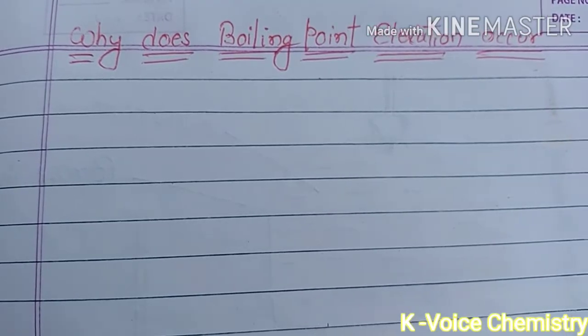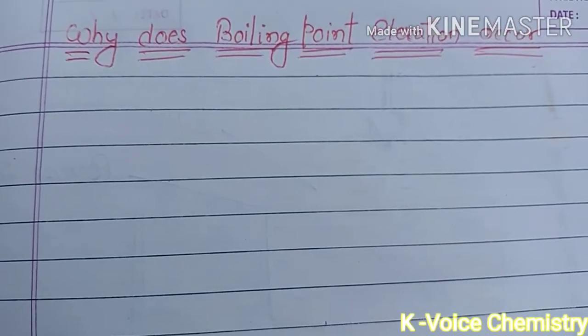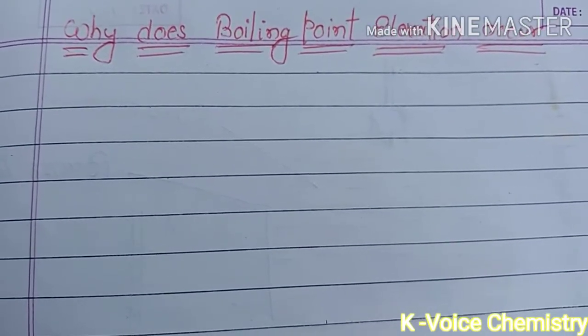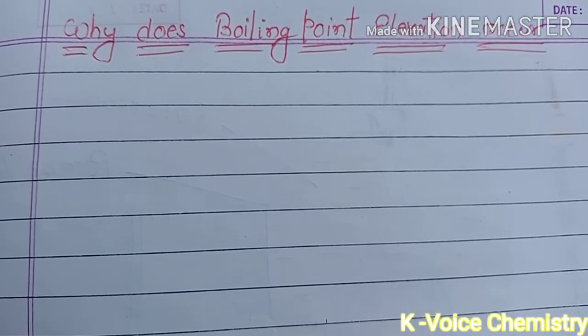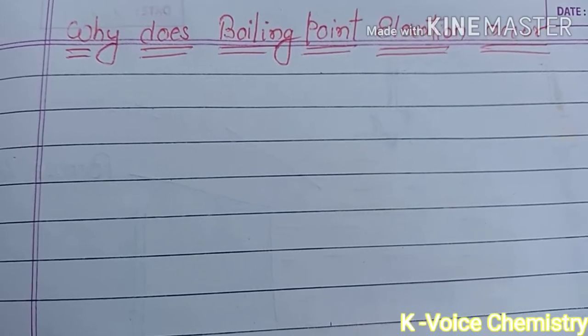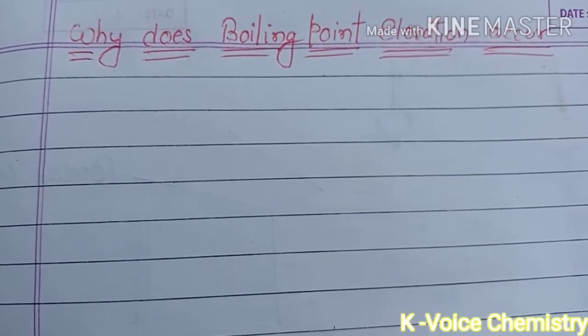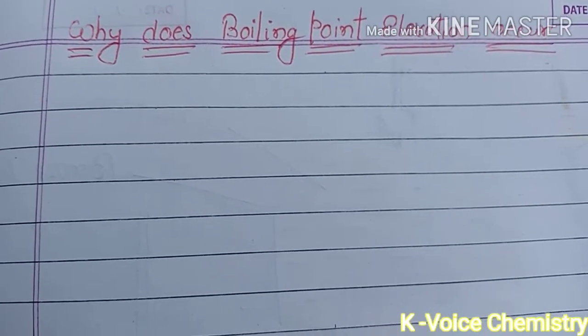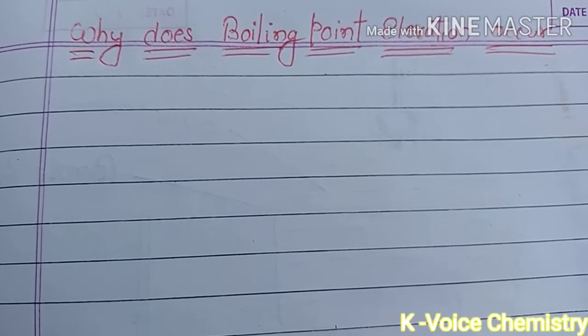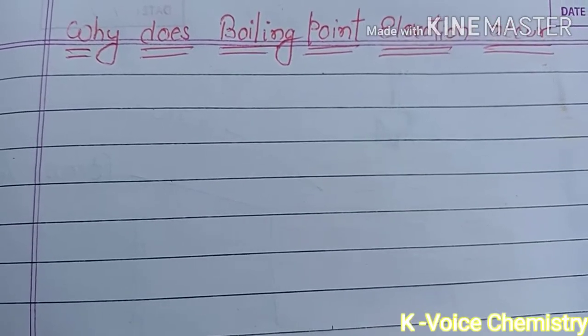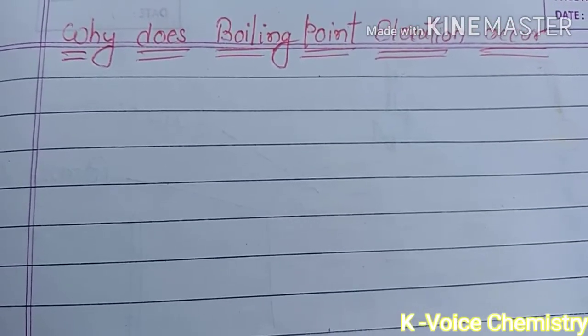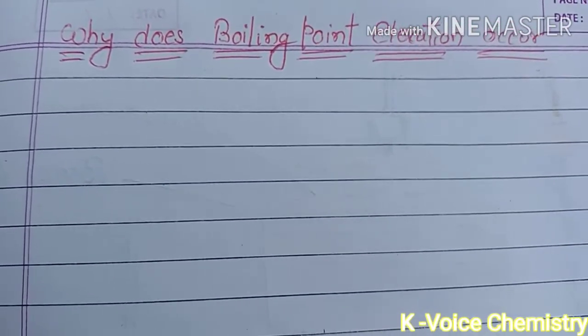So the boiling point elevation depends upon the number of solute molecules added to the solvent. The more solute molecules added to the solvent, the more will be the elevation in the boiling point.